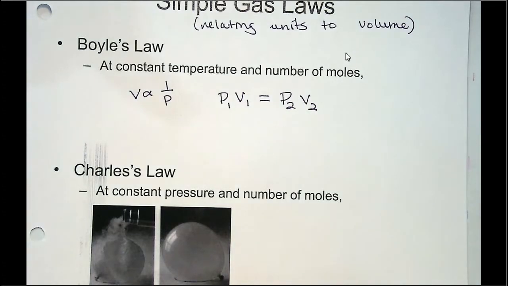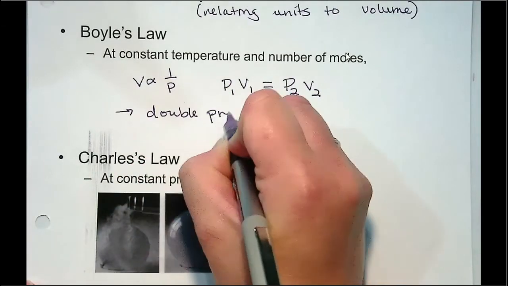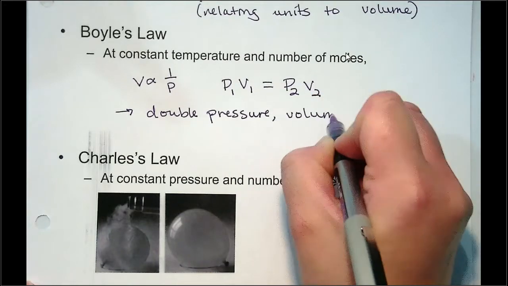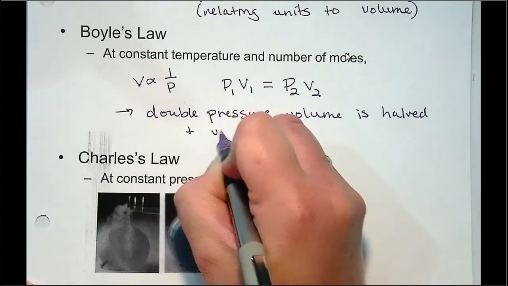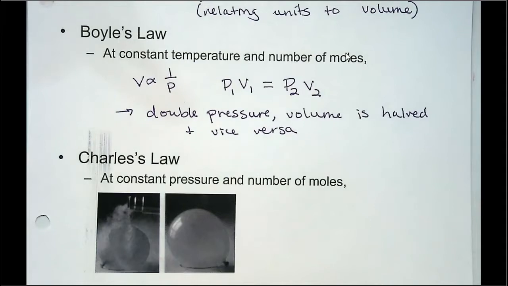So if you double the pressure, then volume is halved, and vice versa. And you can figure out exactly what it is by using this equation. Just want to make sure that your units match.